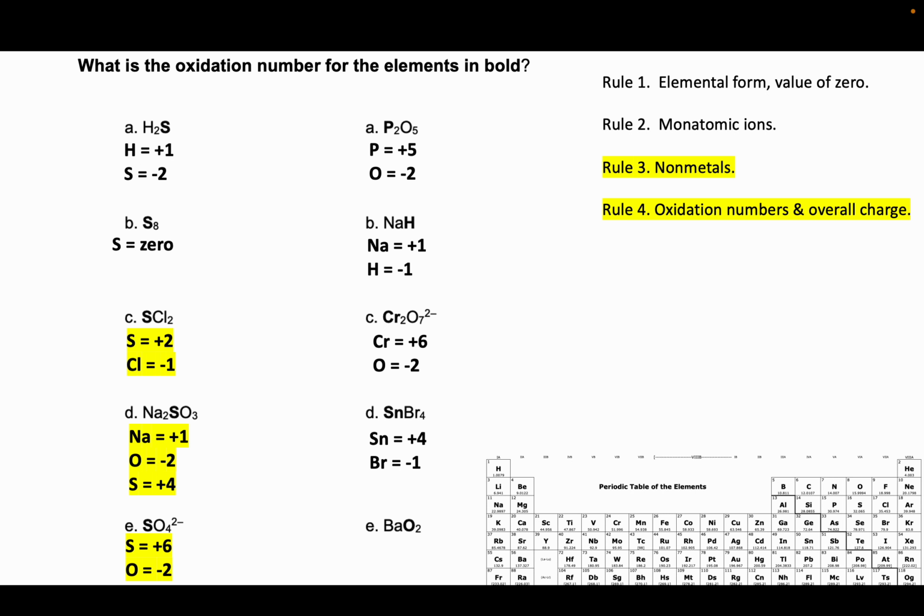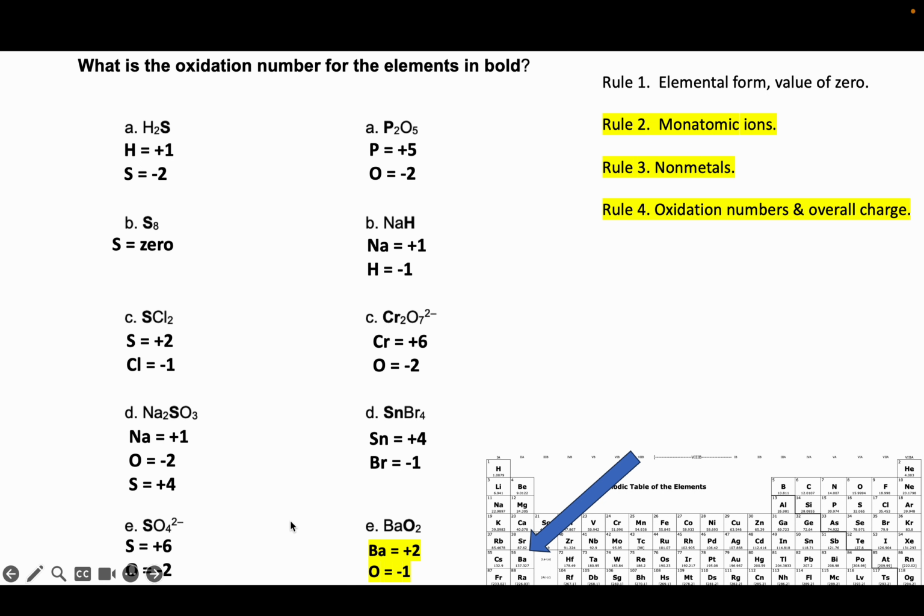So this set really illustrates how the oxidation number for sulfur depends on what it's paired with in the compound. The last one, a little bit tricky here, involves barium and oxygen. Now, based on its placement on the periodic table, we would say barium is going to be +2. I like that plan. This is an example where oxygen is not 2-.